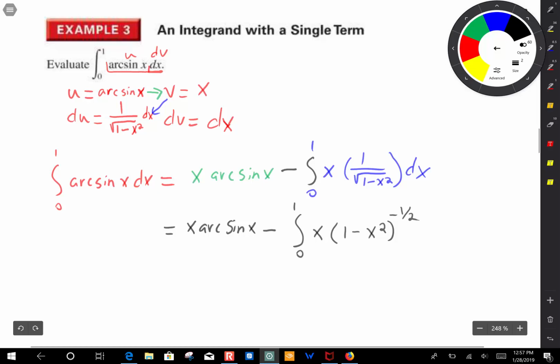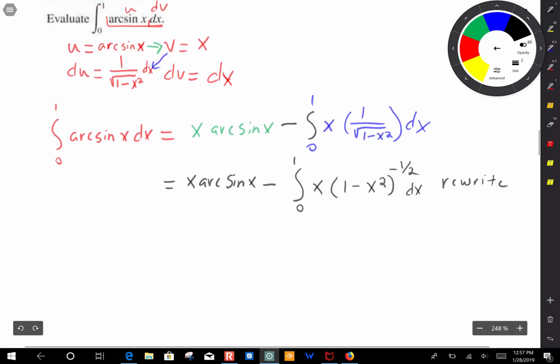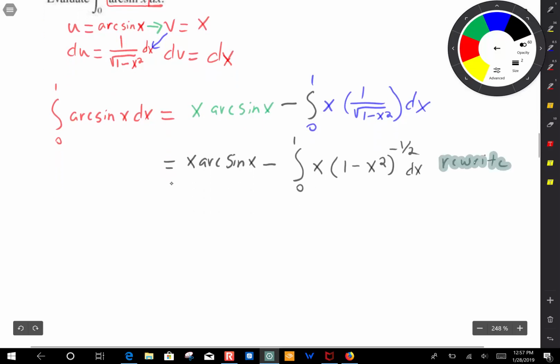Because a radical is a 1/2 power. So that radical is going to come to the top, and it's going to become a negative 1/2 dx. So all I did was rewrite, okay? In this video, I'm just going to write the steps here on the side. So the step that I did here was just called rewrite.